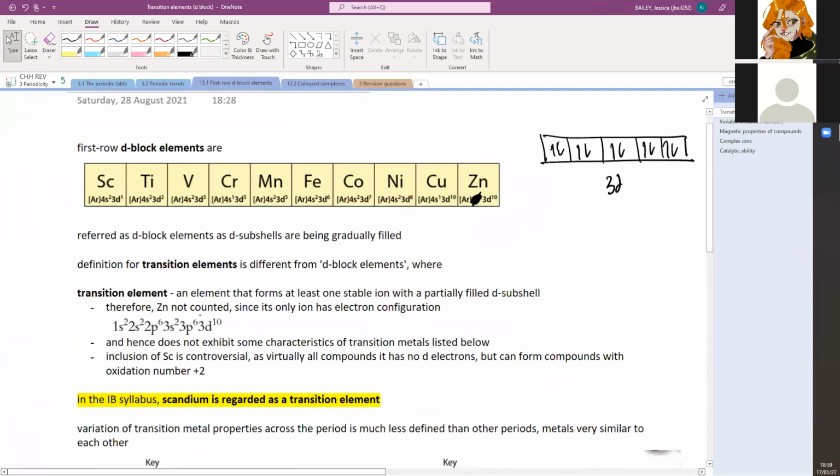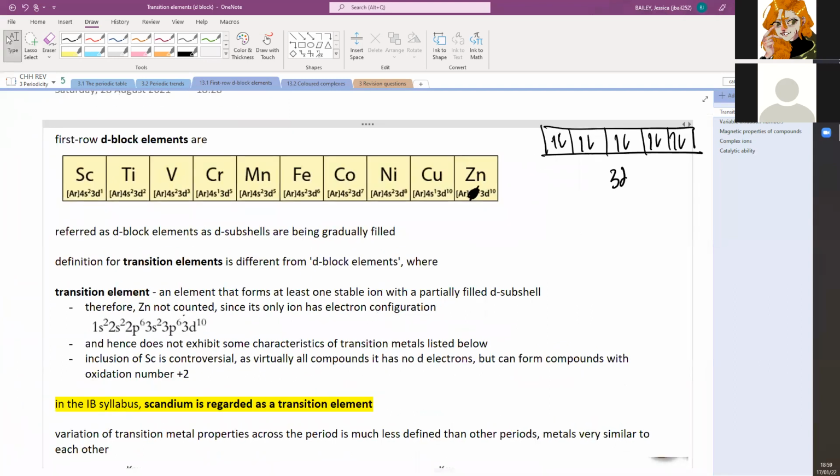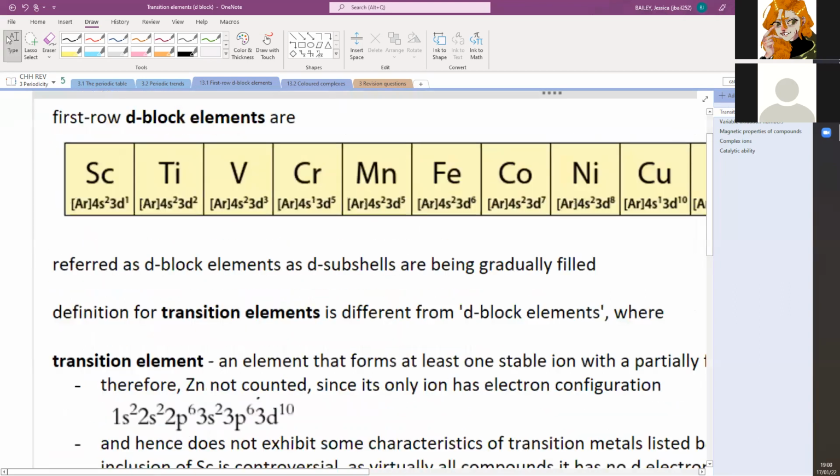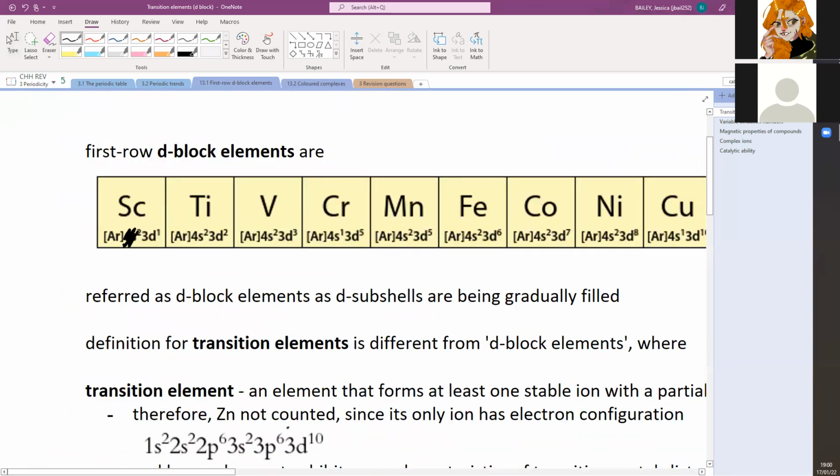It's a bit disputed whether scandium is or isn't, but the IB treats it as a transition element because when it forms a compound that has 2+ charge, so it's lost these 2 electrons, it still has a partially filled D subshell with this 3D1.